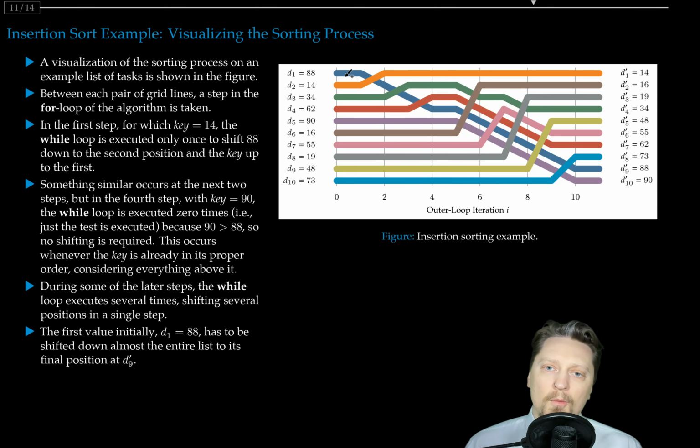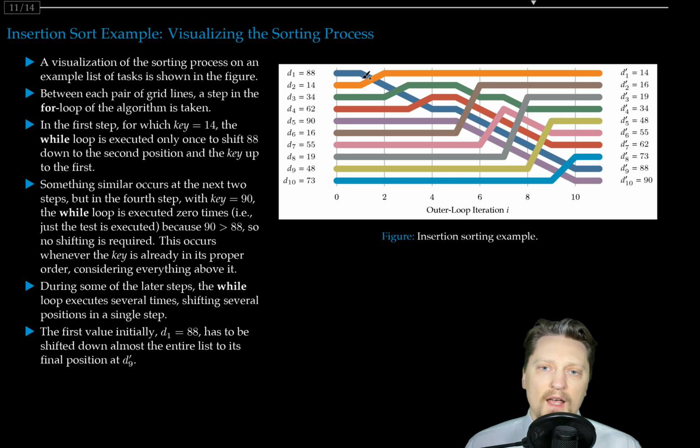So what this visualization shows us is how each element in the list moves at each outer loop iteration i, finally culminating in their final positions where we have a sorted list, which is what we wanted, a list with durations in increasing order, or non-decreasing order rather. So we have the initial positions.